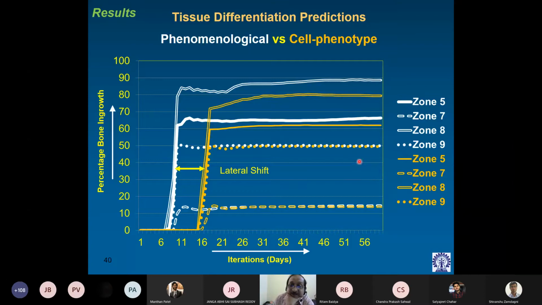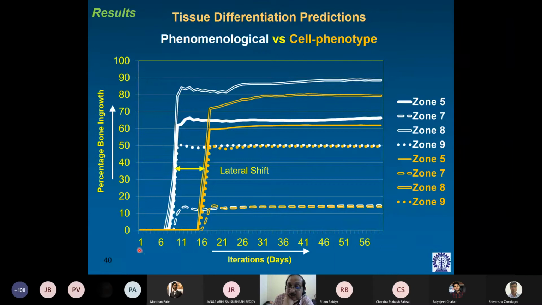As you can see, there is a lateral shift in the two models. This is a major difference, but otherwise, the progression of the model predictions is almost similar. It is moving in the same manner.